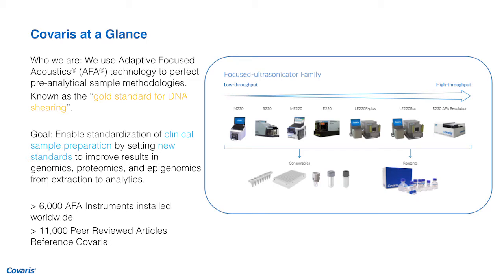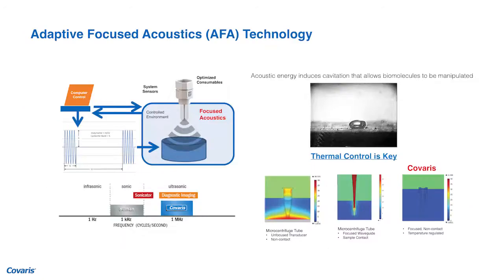Depending on the requirements of the lab, we offer solutions for low to high throughput demands. AFA technology is computer controlled and tunable. With the release of the focused ultrasonic acoustics, we operate outside the human audible range in comparison to normal sonication.